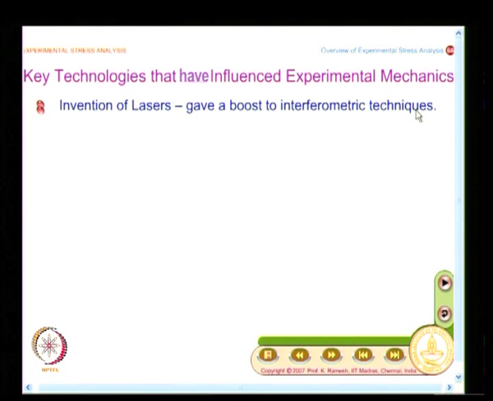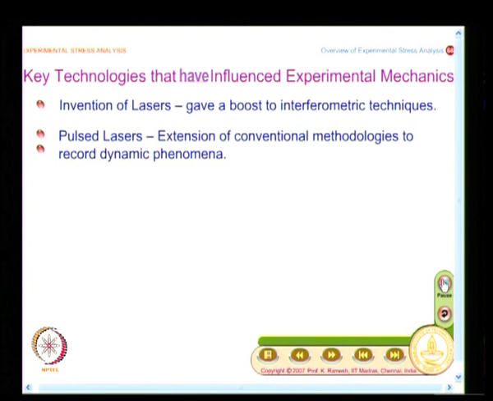So, he could not take advantage of the technology. The moment lasers came into the picture, all our interferometric techniques became refined, they are a lot more sensitive, and you could go for long phase difference calculation. Once you have lasers, you also had the development of pulse lasers.